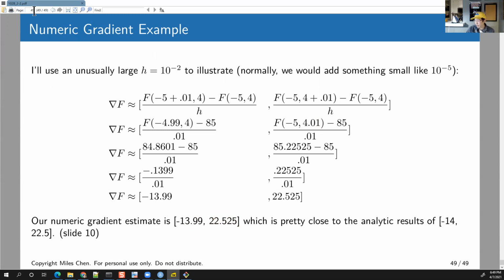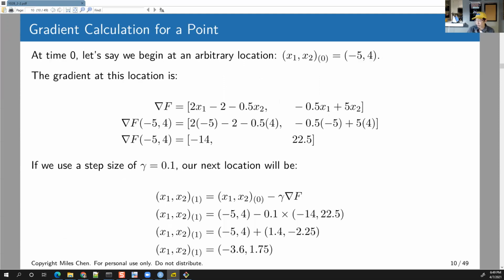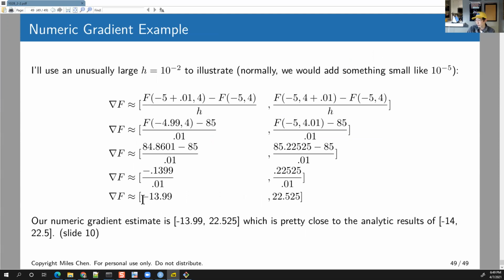If I compare this back to slide 10, where I calculated the gradient at -5, 4 using calculus, I got -14, 22.5, okay? And so we have a pretty good match, right? So we would say, okay, this is the analytic answer for the gradient.